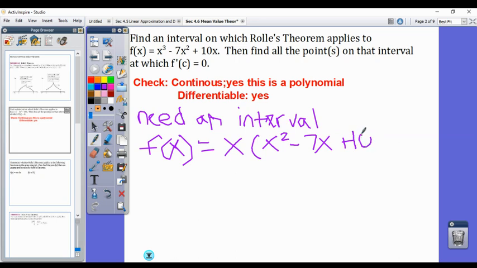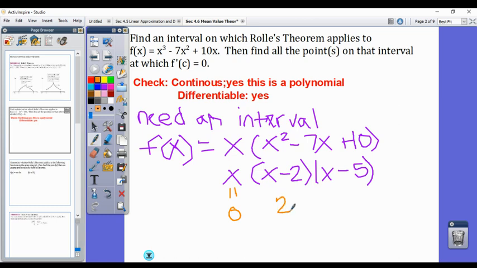And then I have a quadratic in my second parentheses, and I can factor that. So I'm going to end up with x minus 2 and x minus 5. All right, so if I were to set each of these pieces equal to 0, I would get x equals 0, 2, and 5.